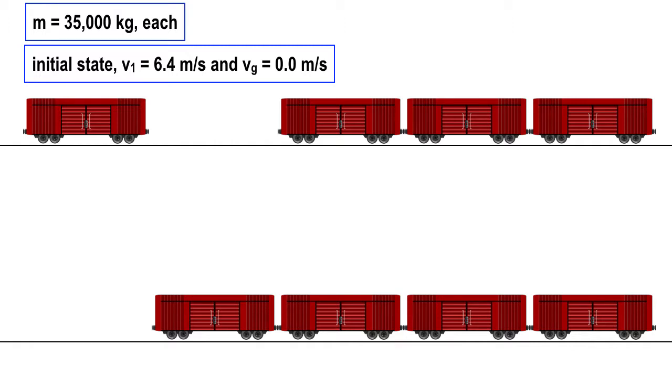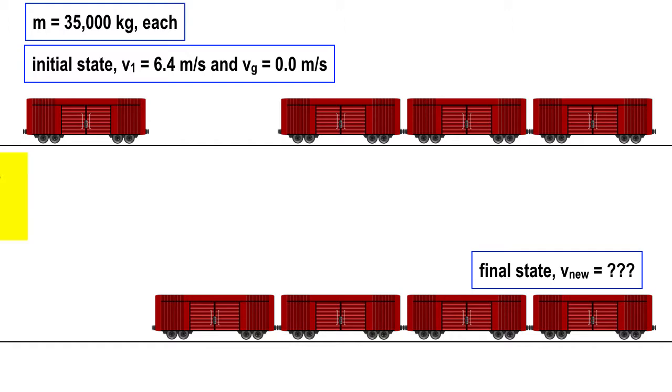Same set of boxcars, but now my initial state for V1 is a little bit bigger, 6.4 meters per second, and the group of three is at rest again, 0.00 meters per second. What we want to figure out is the final state, V subscript nu.